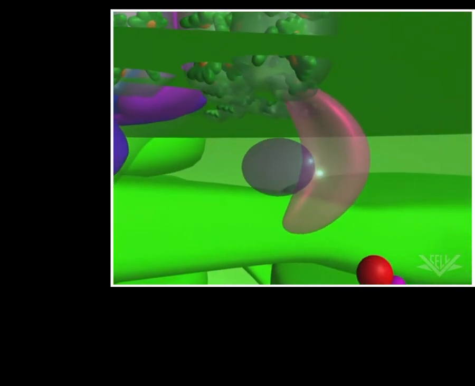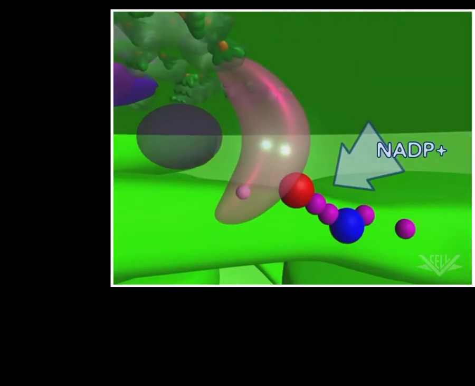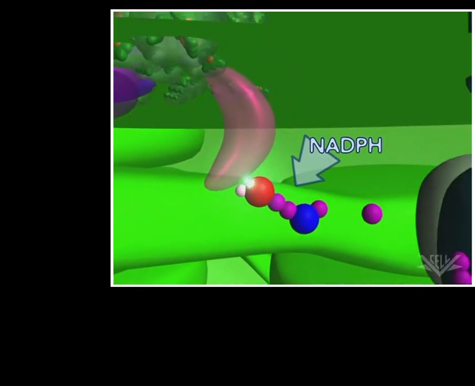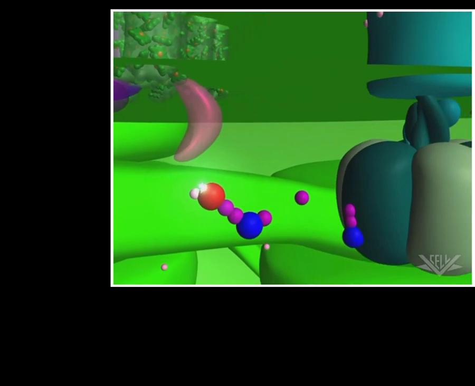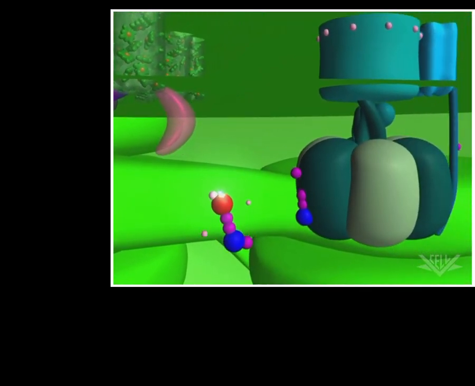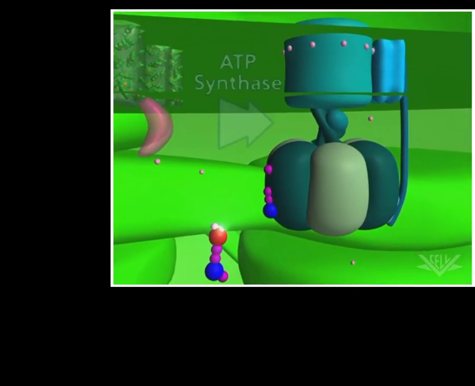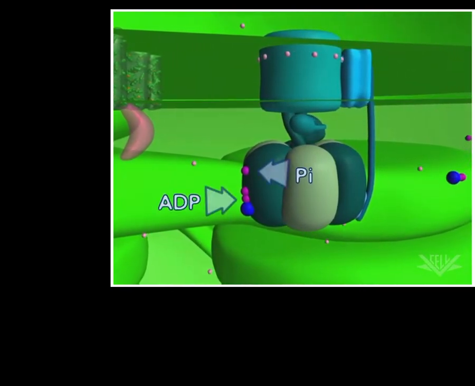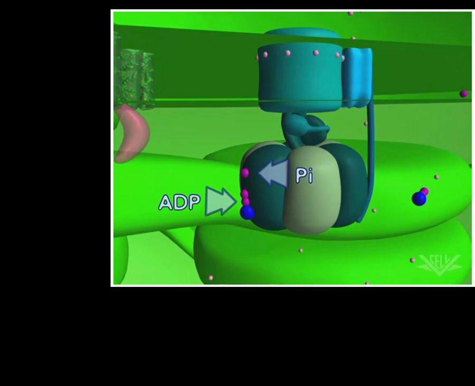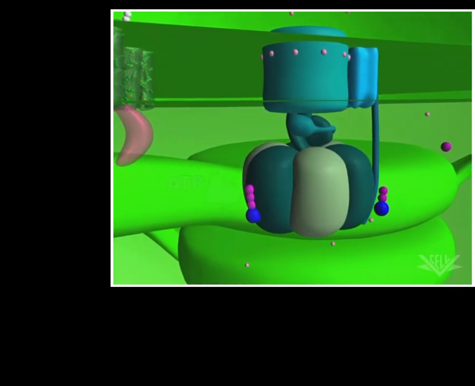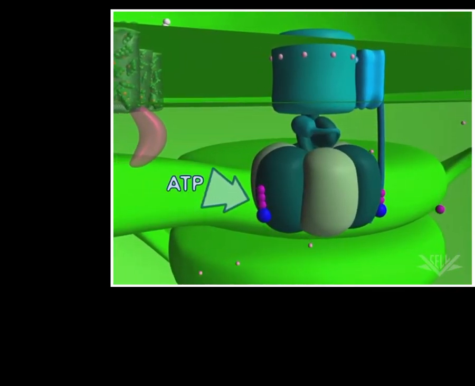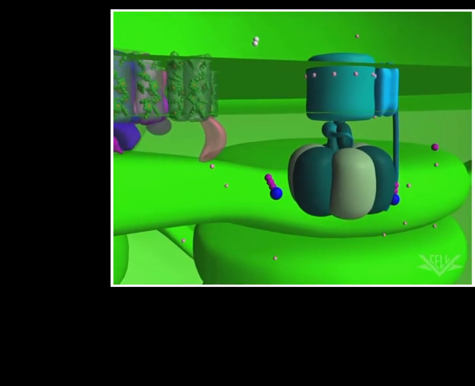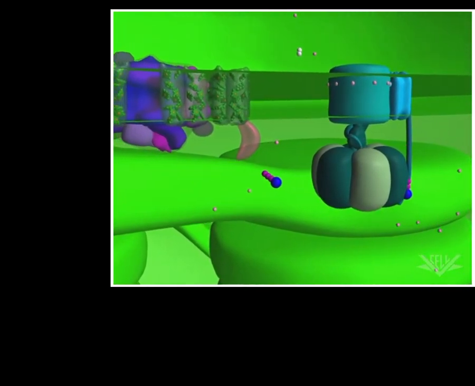After 2 electrons are transferred to FNR, NADPH is made by adding the 2 electrons and a hydrogen ion to NADP. The gradient created by the electron transport chain is utilized by ATP synthase to create ATP from ADP and PI. This is similar to the way ATP is synthesized in the mitochondria. ATP and molecular oxygen are the final vital products of photosynthesis.